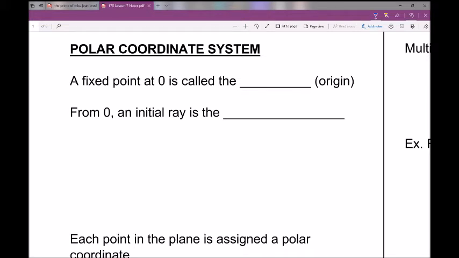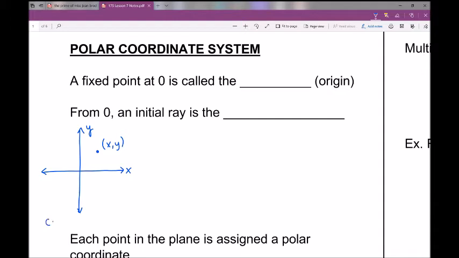So the coordinate system you're used to is called the Cartesian coordinate system, and that involves an x and a y axis like this. So we have an x-axis, a y-axis, and a point is described somewhere in that space by an x-coordinate and a y-coordinate.